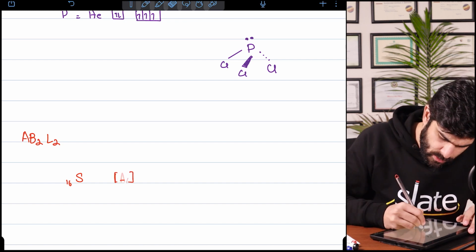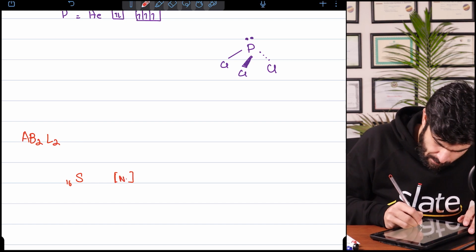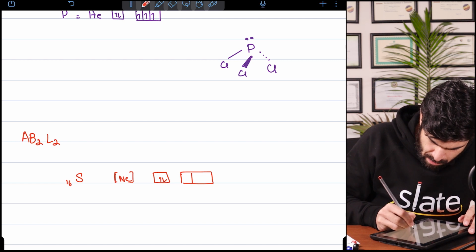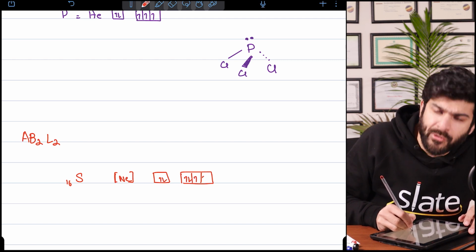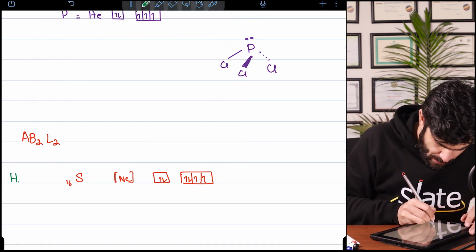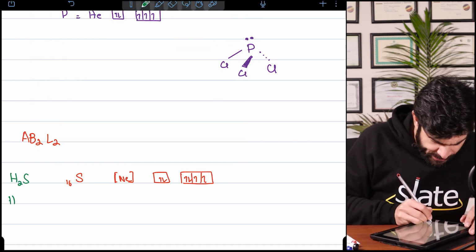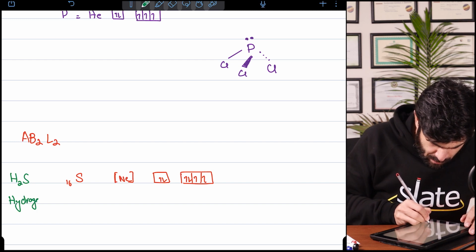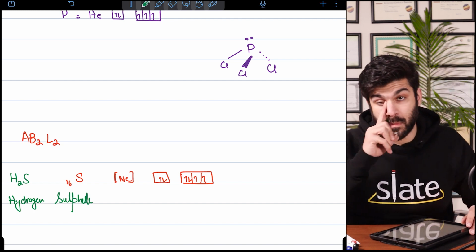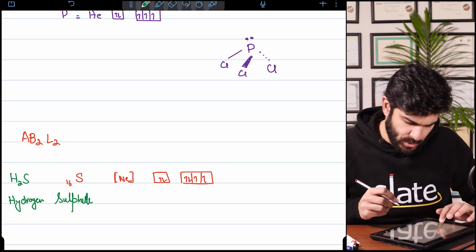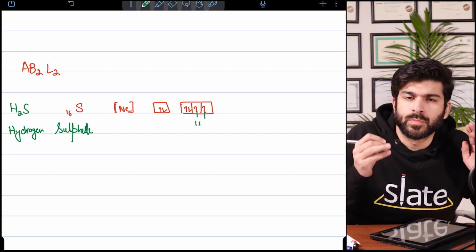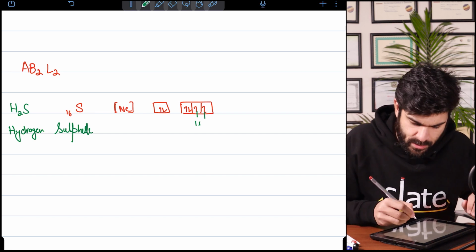Oh, not argon, it's neon. Oh, I forgot to mention the name of the example, hydrogen sulfide. Hydrogen sulfide. So sulfur just needs 2 hydrogens, so both the lone pairs will stay.